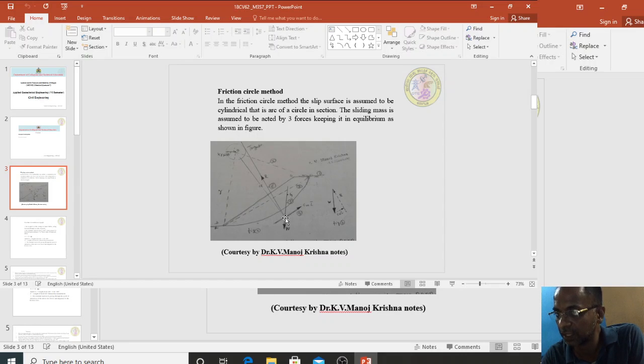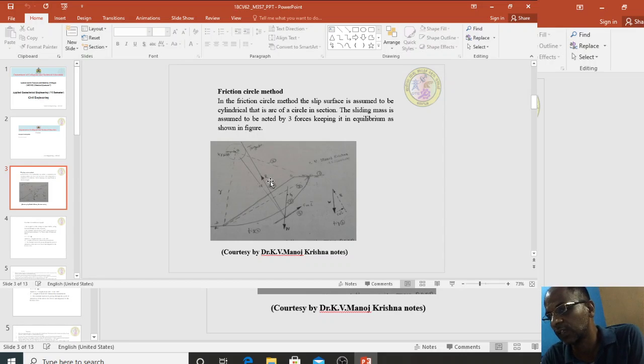Wherever it intersects, draw a line Cm into L dash parallel to the long chord AD. The intersection of the W line and the Cm into L dash line will give a point. With that as the center, draw a tangent to the friction circle in the upward direction. That will give the resultant.